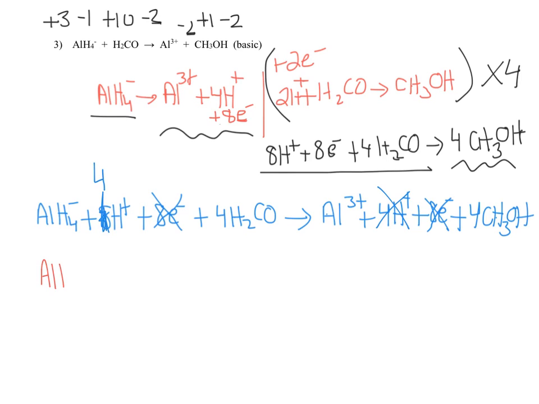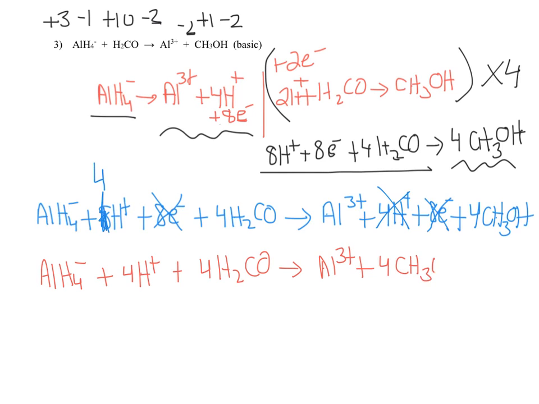So AlH4 minus plus 4H plus 4 H2CO yields Al3 plus 4 CH3OH.